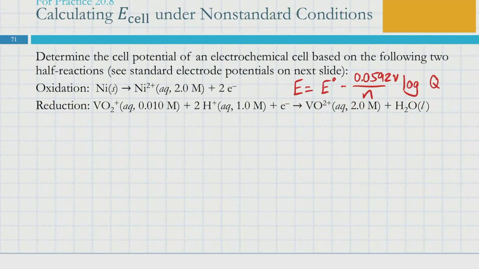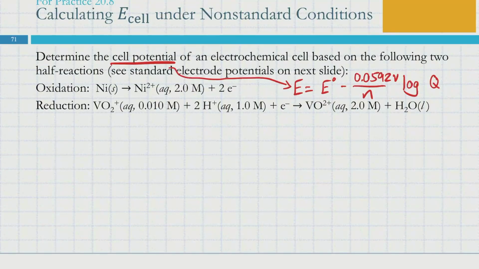So we want to determine the cell potential, that's E of a cell, based on these two half reactions. And we've got the standard electrode potentials on the next slide.